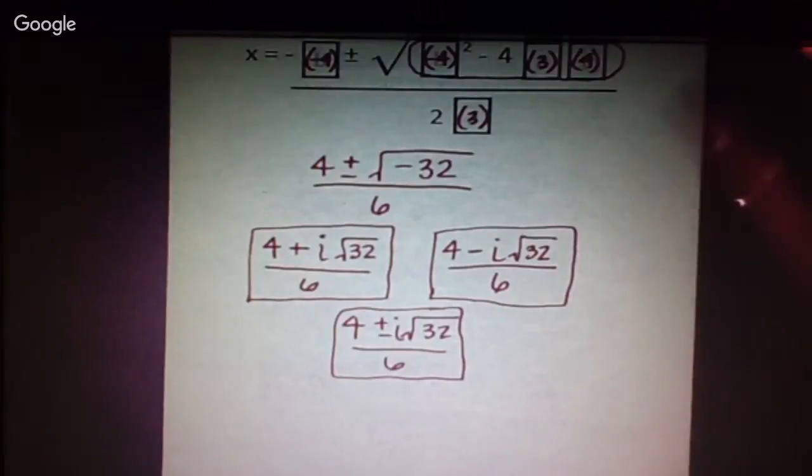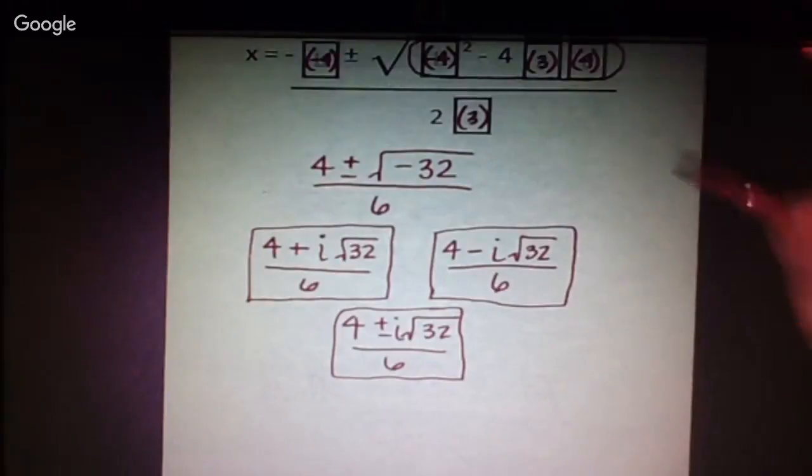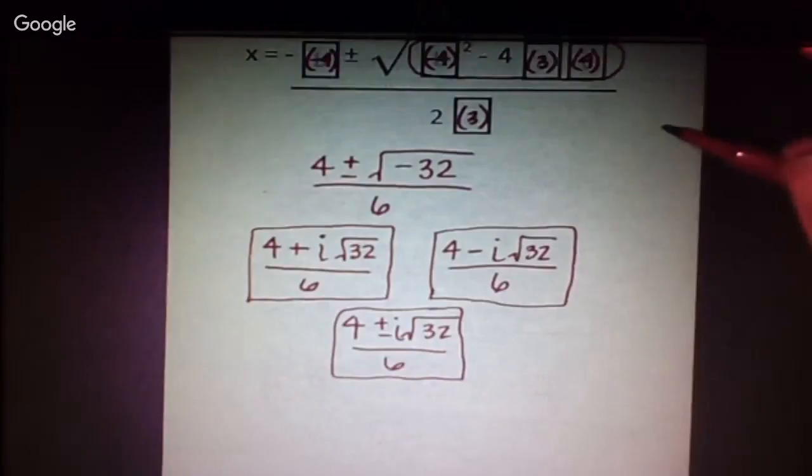So you may see your choices are A, and they give you both selections for A. They can't give you the plus for A and the minus for B. They've got to give you both at the same time, unless it says answers A and B. It has to be both.